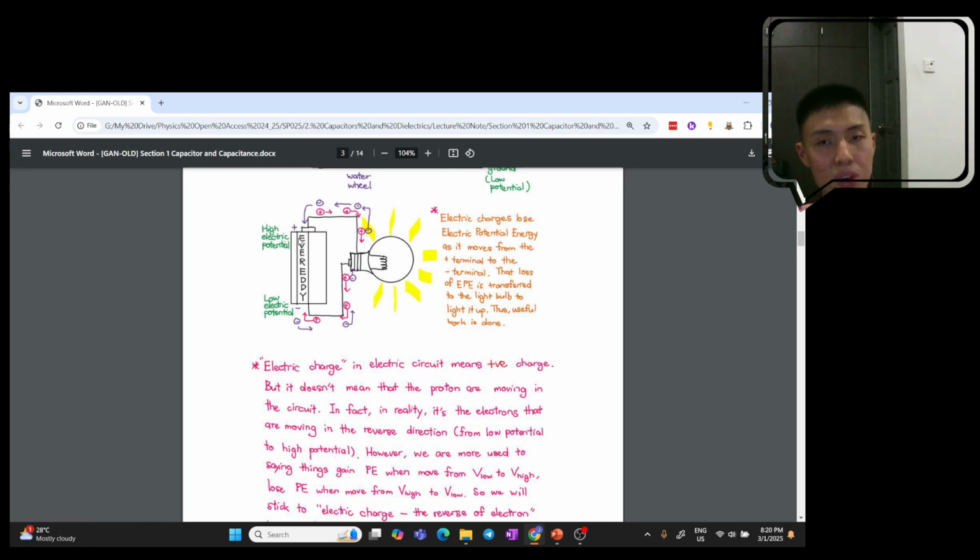That's the reason why you see me talking in terms of positive electric charge. Instead of talking in terms of electrons, I'm always using positive electric charge, and I'm going to stick to positive electric charge in the future. I'm not going to talk about electrons anymore because electrons are just so counterintuitive to understand.